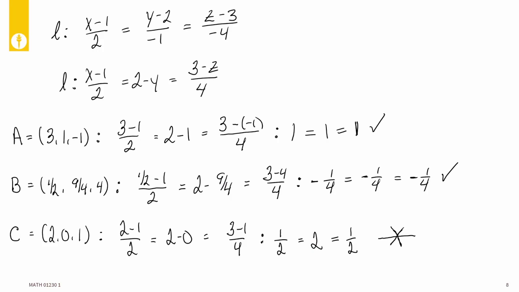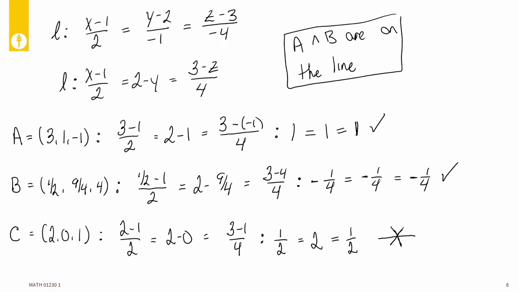That is a contradiction: half equals 2 equals a half. Which points are on the line? A and B are on the line, C is not.